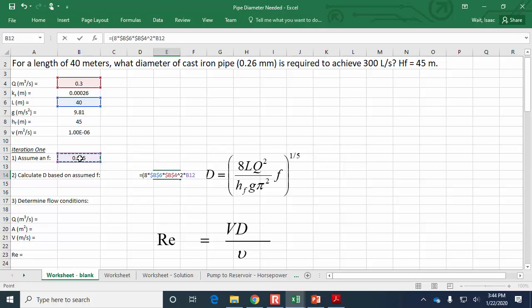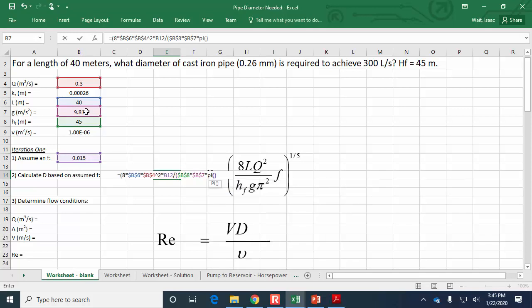I'm not anchoring that. Okay, now divided by H sub F, anchor the reference, times G, anchored, times pi squared.